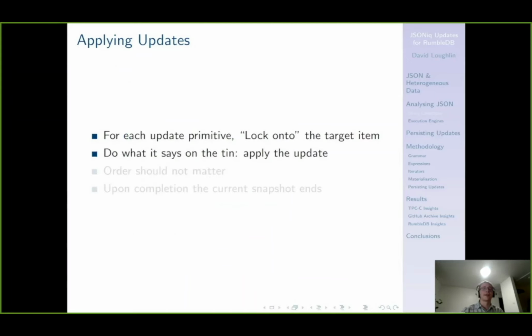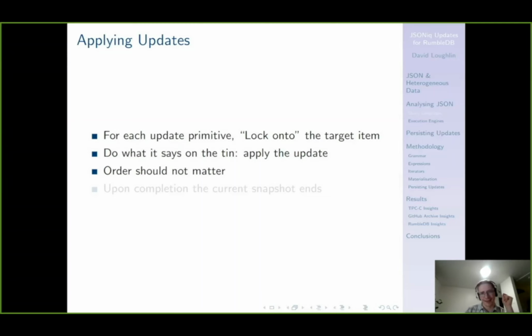Finally, and perhaps most crucially, PULs will eventually apply their updates to the specified items. And in doing so, they find the item in the sequence and do as the update says. Insert into the object, delete at this index in the array, what have you.